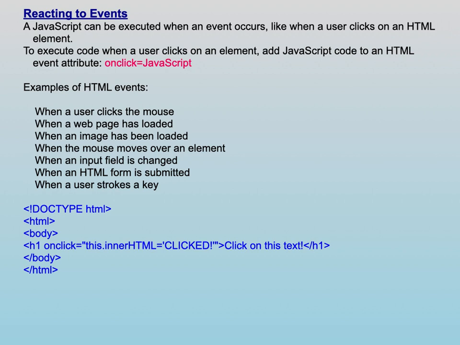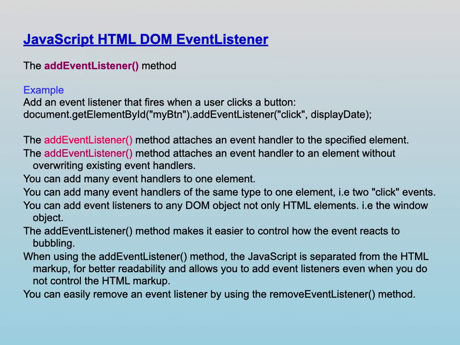The innerHTML property will change the content of the element. So here the element is this, that represents h1, the current object itself. So the content of that particular element, click on this text, will be changed to clicked. That is how it is working. So it's a simple example for event handling in JavaScript. We will see some other examples also.